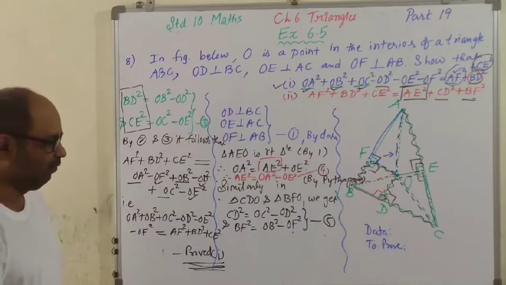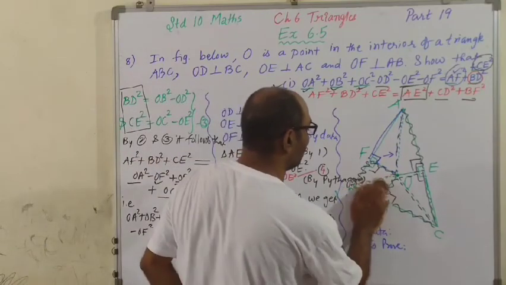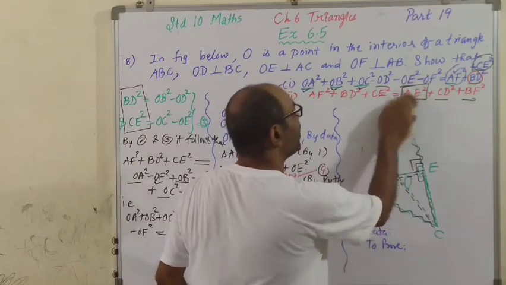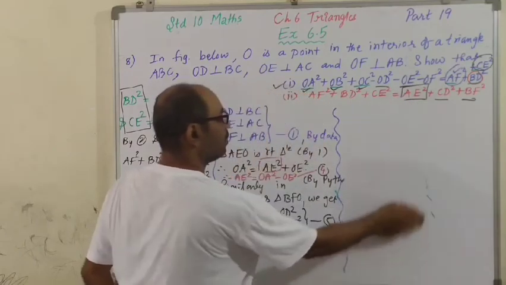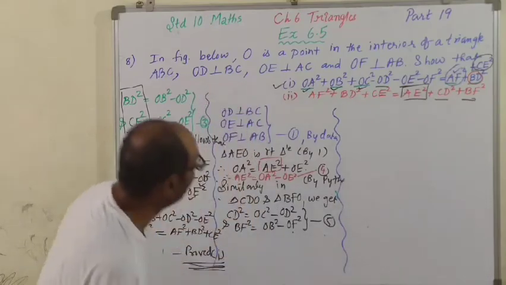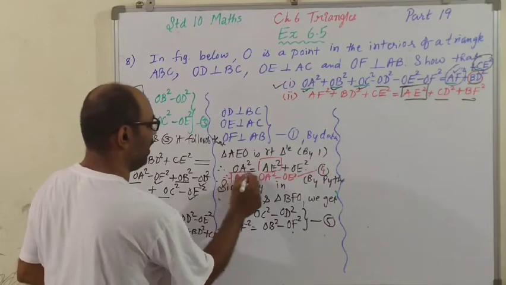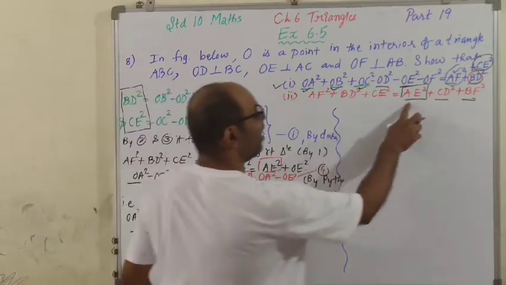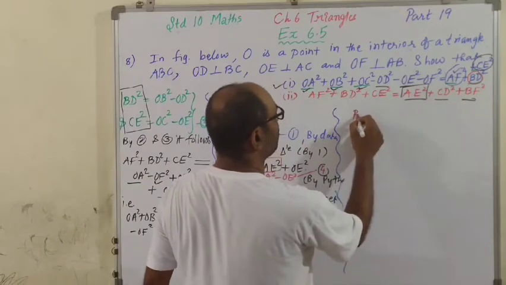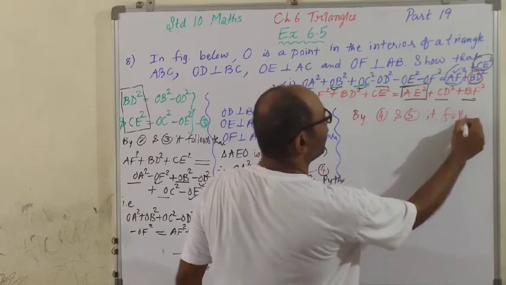Alright, that's it. I'll erase the diagram now, children. बोलिए, by 4 and 5. See this. Left hand side पे AE square, CD square, BF square. So by 4 and 5, it follows that.